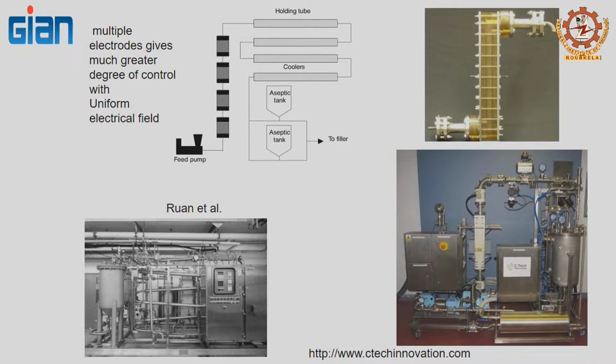In a traditional ohmic heating system, you are going to have multiple ohmic heaters. In this example you may have 1, 2, 3, 4 ohmic heaters. If you look at the rest, you have a feed pump, a holding tube, a cooling section, an aseptic tank, and a filler.